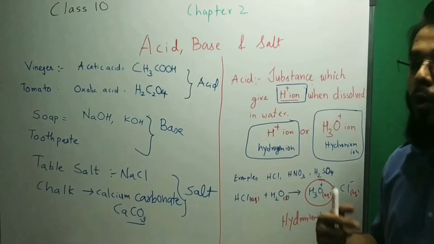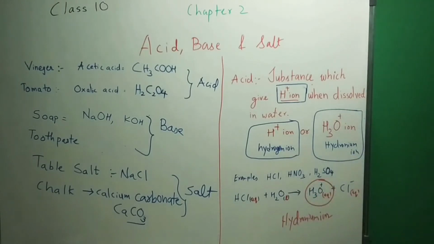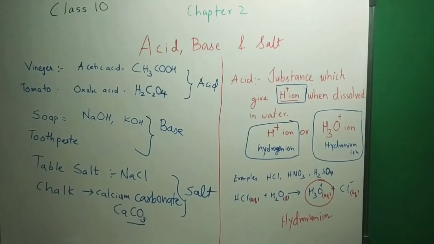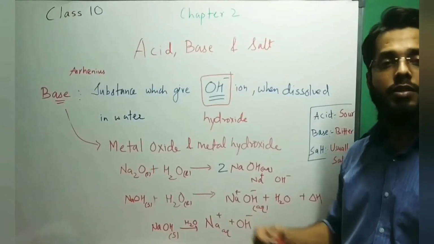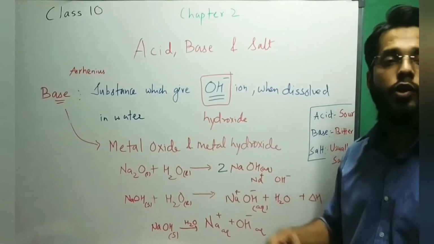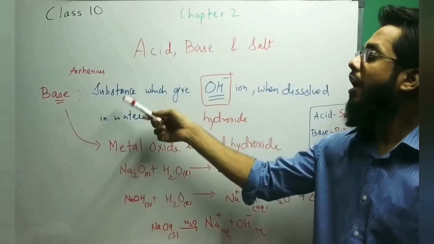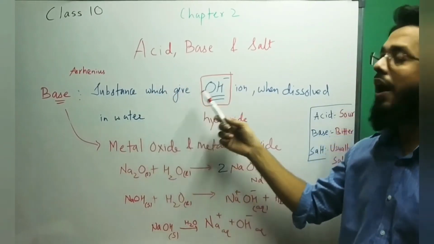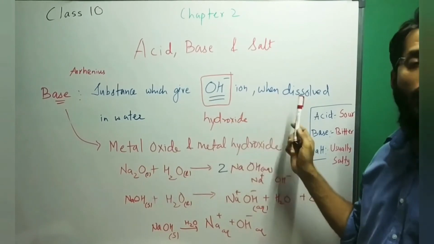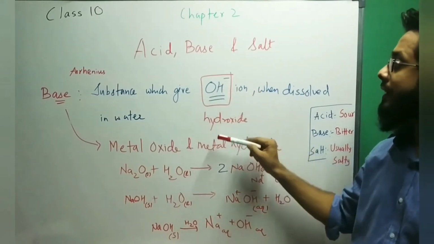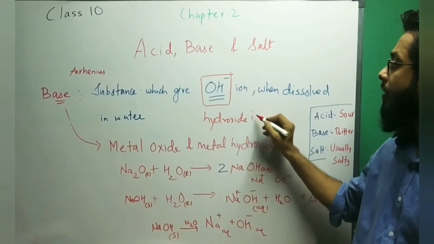Now let's see about base. According to Arrhenius, bases are those substances which give hydroxide ion when dissolved in water. OH minus is the hydroxide ion.